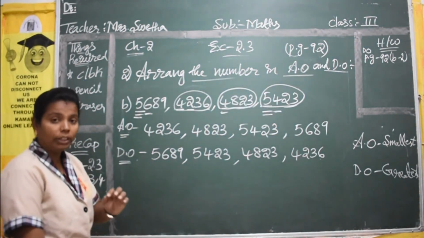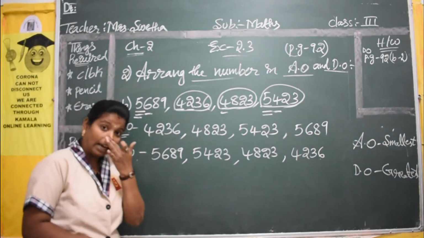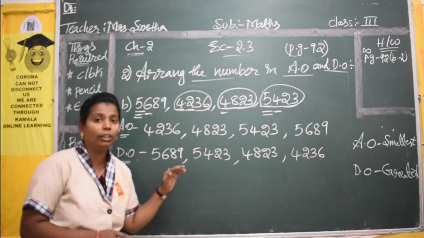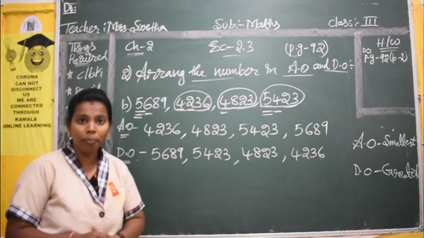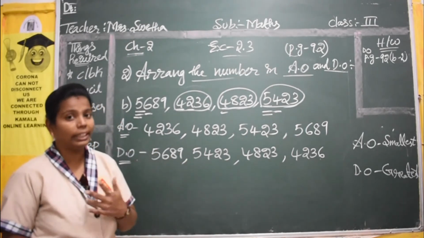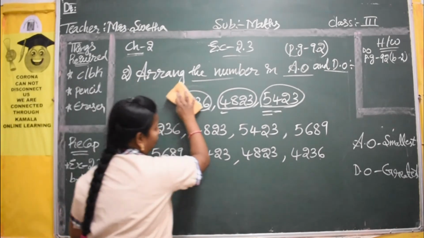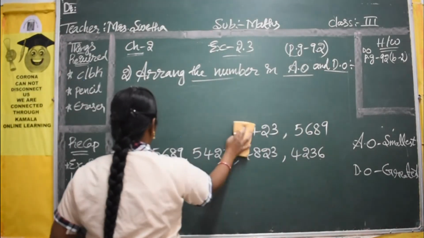You can copy down in your classroom. Now we'll see the last one, the third one. Here you have 3 questions, but from that I will do only one problem, and the other 2 you have to think and write in your classroom. Okay, so I am rubbing this one. Now we will move on to the third one.